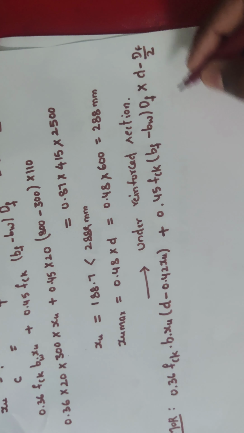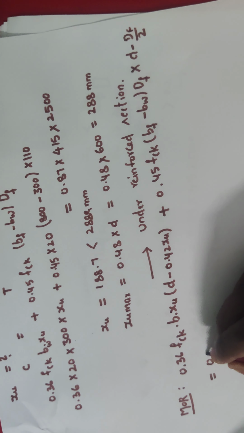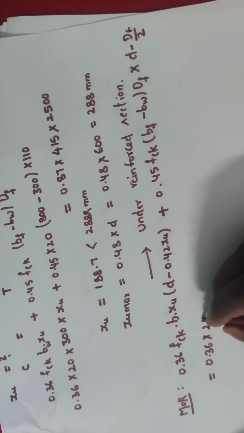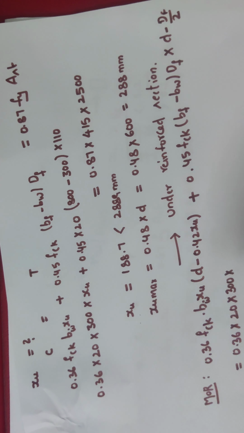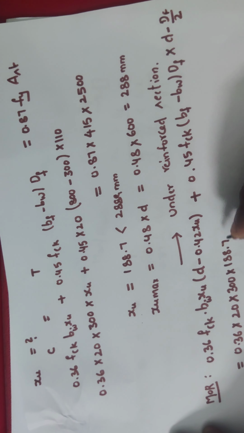This is the moment of resistance, that is equal to 0.36 FCK 20, breadth of the web 300, XU, what is the XU value? 188.7.